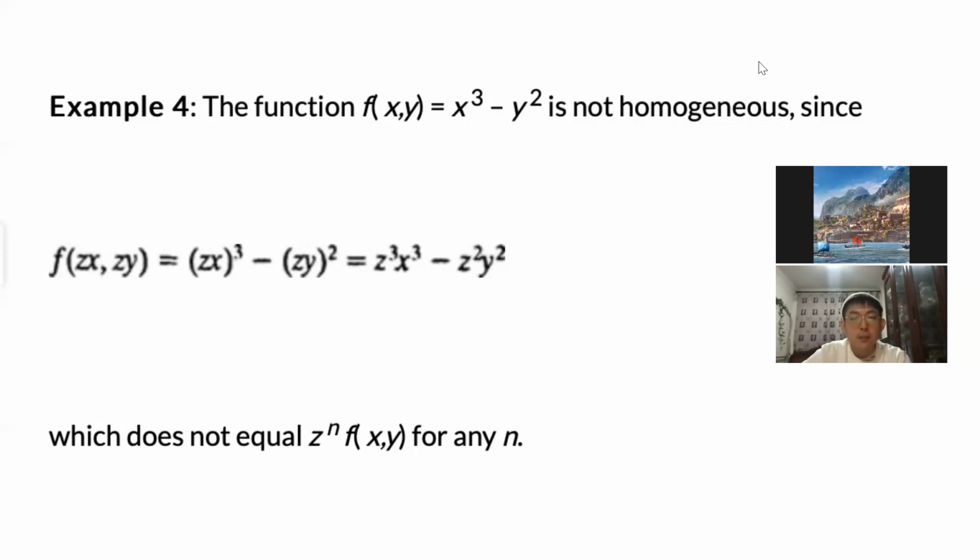The final result is z to the power of 3 multiplied by x to the power of 3 minus z to the power of 2 multiplied by y to the power of 2. We can't make the right hand side equal to z to the power of n multiplied by f(x,y) for any n. So it's not homogeneous. Next example, please.